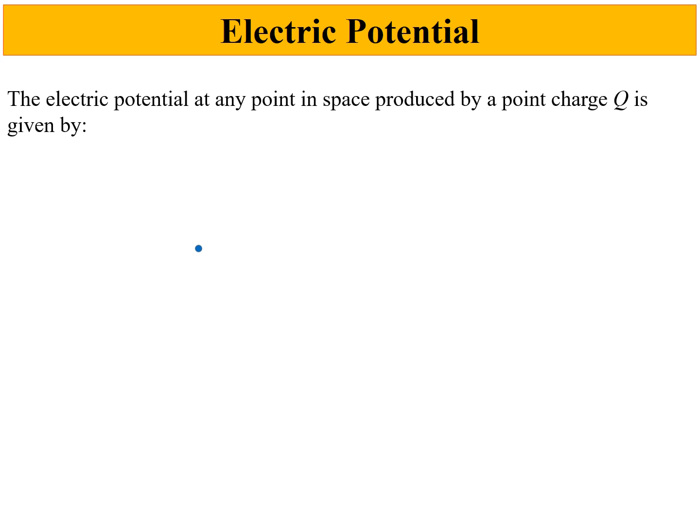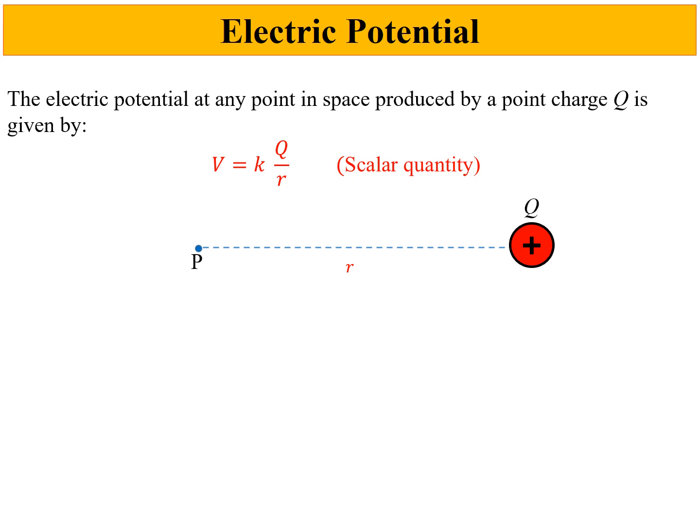Now let us take the concept of the electric potential very quickly. The electric potential at any point in space produced by a point charge Q is given by, so if we have a charge plus Q, and we have a point P at a distance R from the charge, and then I ask you to find the potential at the point P, simply you just multiply K by Q over R, and since the potential is a scalar quantity, it is different from the way we calculate the magnitude and direction of the electric field.